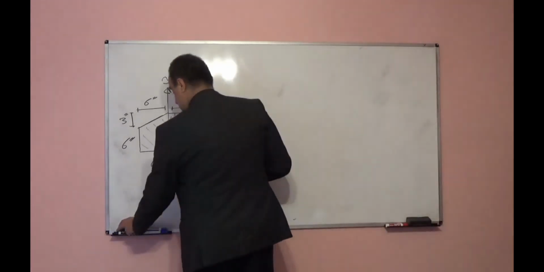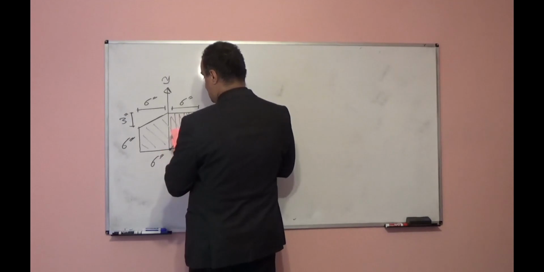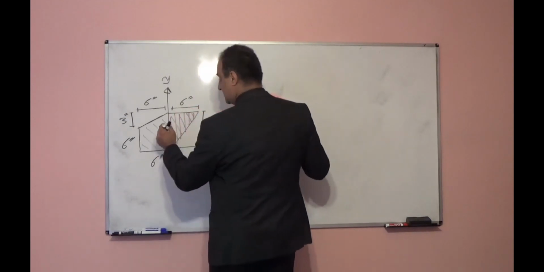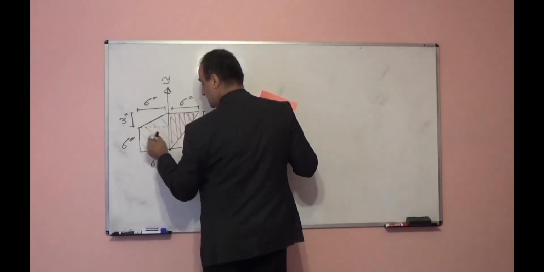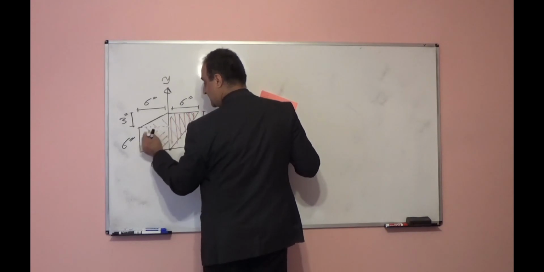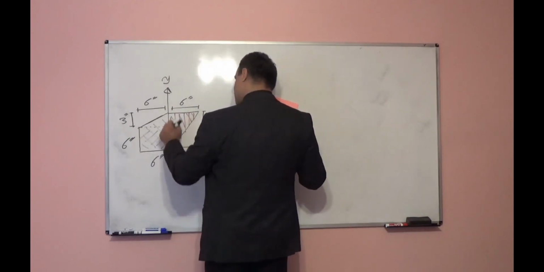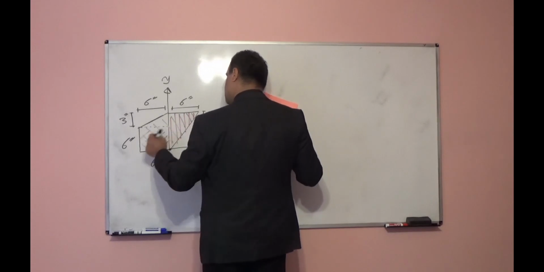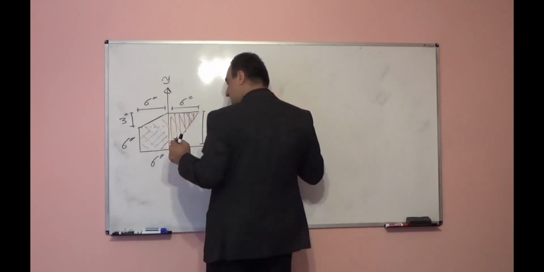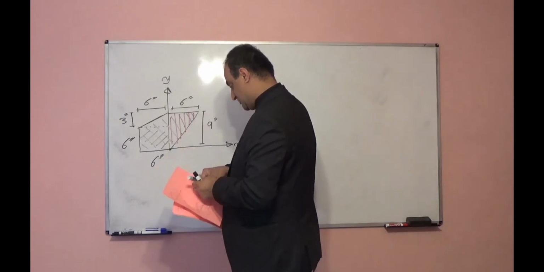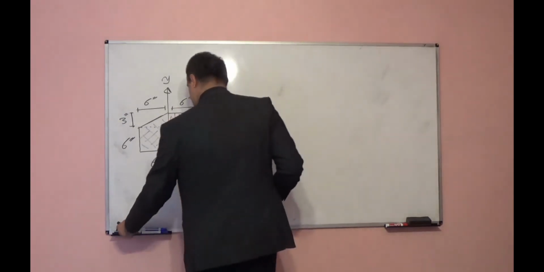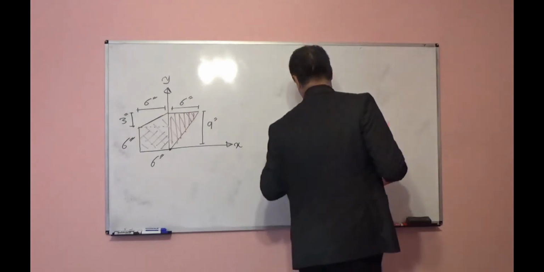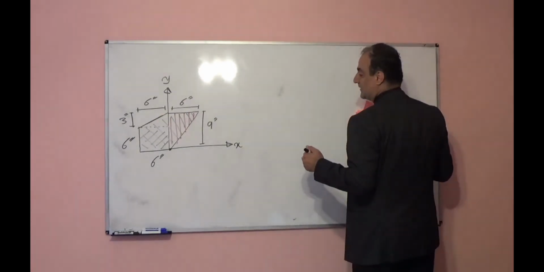Square shape number 2, this is a square shape, number 2. I show with brown shadow, number 2, and this triangle number 3. So, first step, for example, I want to find x bar, and then I will find y bar.